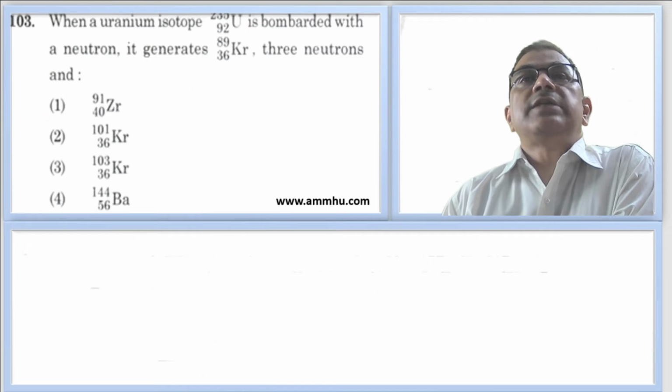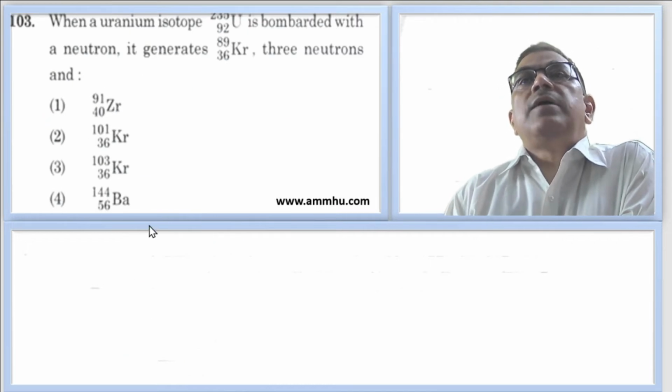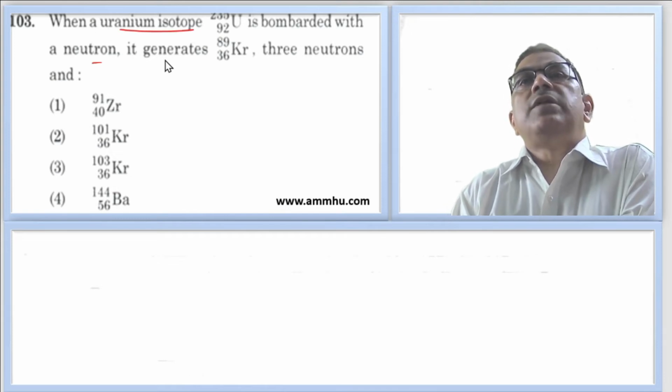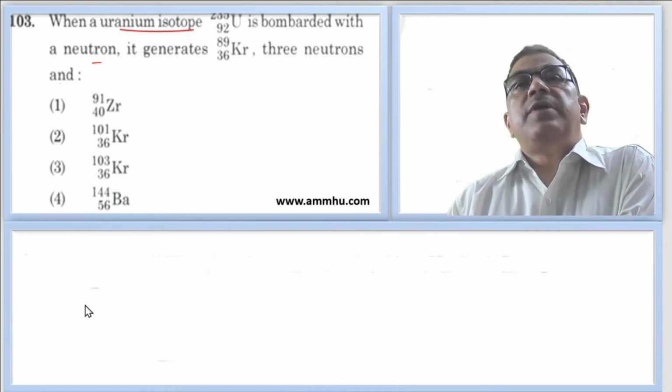Now let's come to the next question. This is a pretty straightforward problem. I'm supposed to find out, when the uranium isotope is bombarded with a neutron, it generates this, then 3 neutrons, and the missing element is to be found.